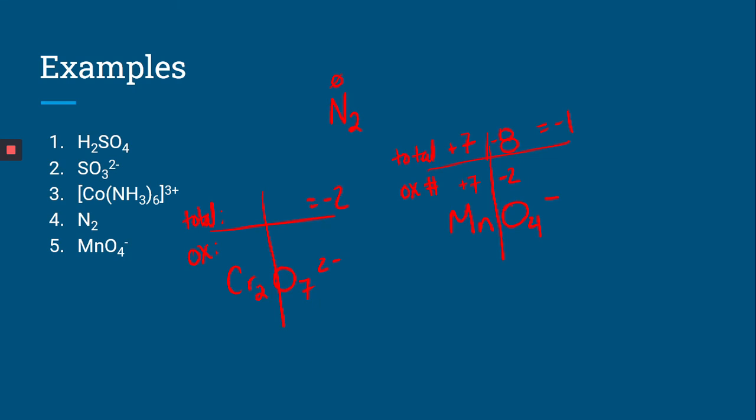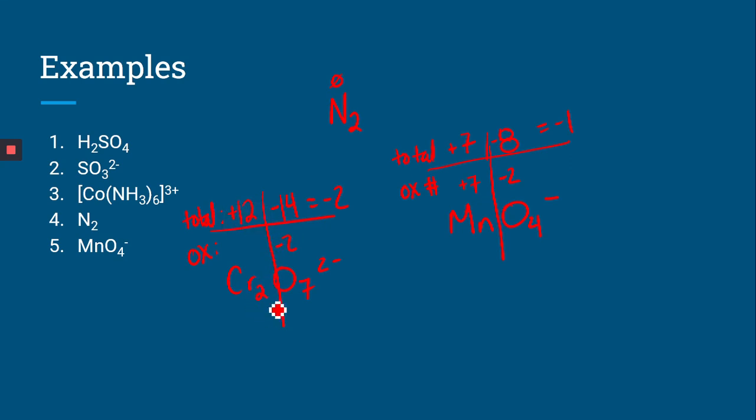And then go through your rules. There's not a metal in group 1, there's not a metal in group 2, there's no fluorine, but there is oxygen. Oxygen has an oxidation state of -2, as long as it's not a peroxide. There's 7 of them, so 7 times -2 is -14. In order to have a -2, that would mean I would need a +12.